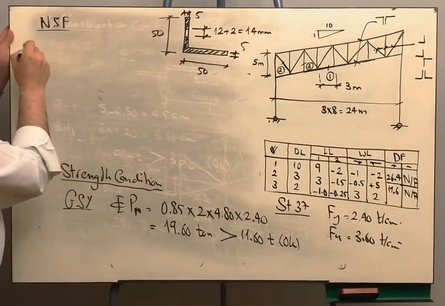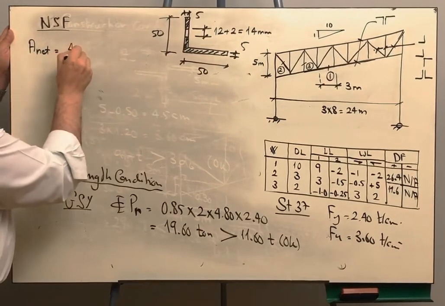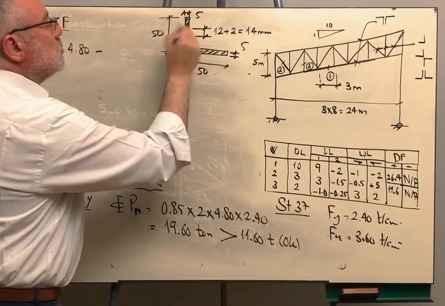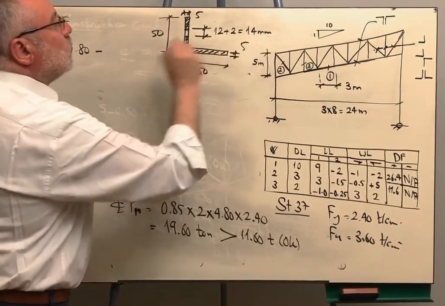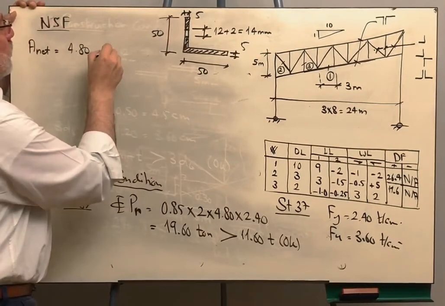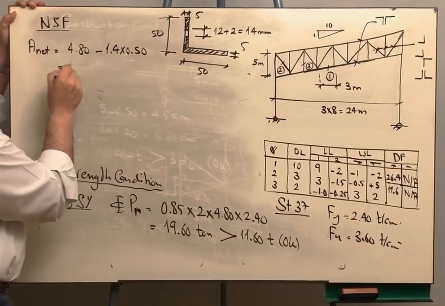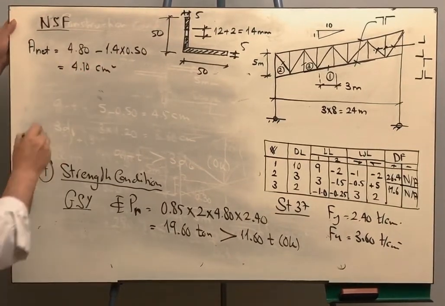Now, if I want to get the net area, this is 4.8 minus the rectangle deducted due to the presence of the bolt hole, which is 1.4 centimeter multiplied by 0.5. So this will be 4.1 centimeter square.